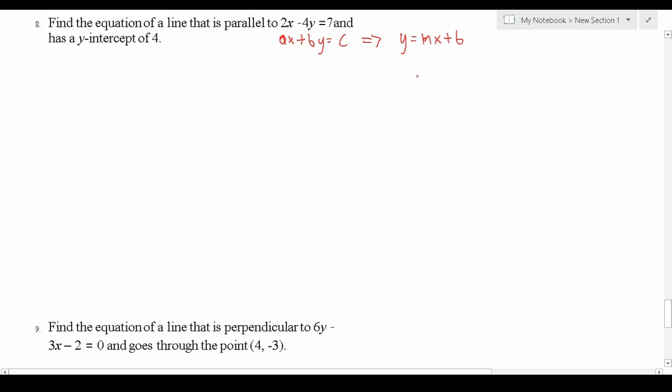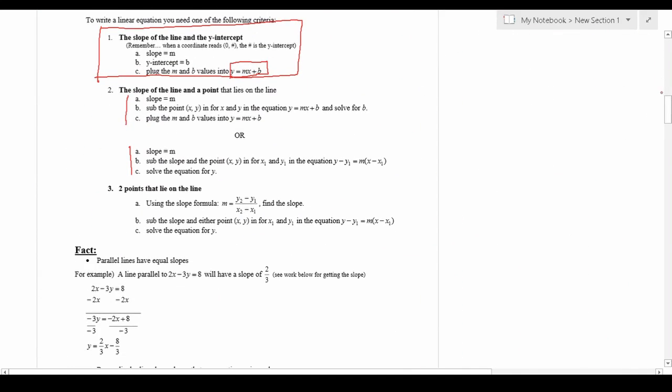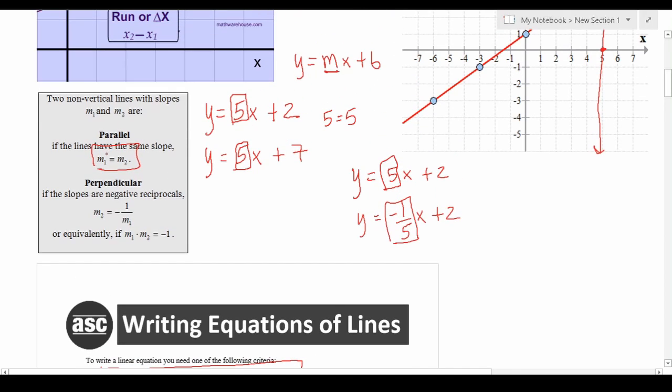Okay? It's fairly easy to do that, but similarly, another challenging part of this problem is the fact that we have to use our knowledge of parallel and perpendicular lines as far as their slopes are concerned to find the slope in this case. And if you remember, I did quickly mention that parallel lines have slopes that are the same, whereas perpendicular lines have slopes that are negative reciprocals of one another.